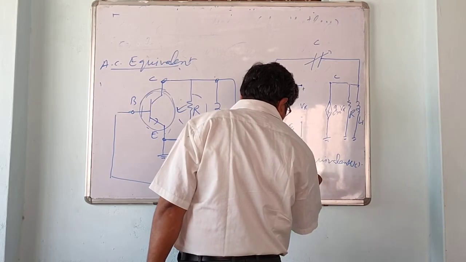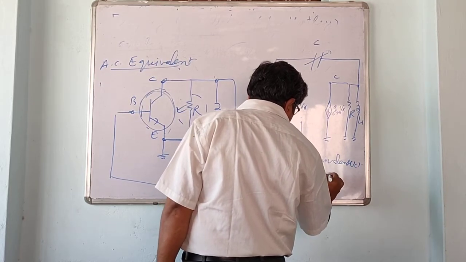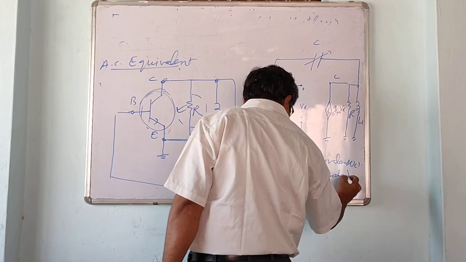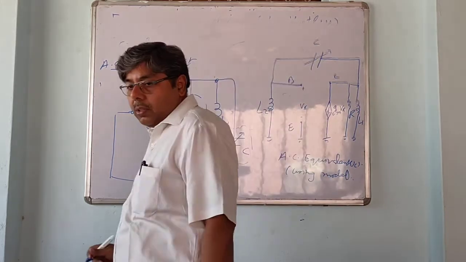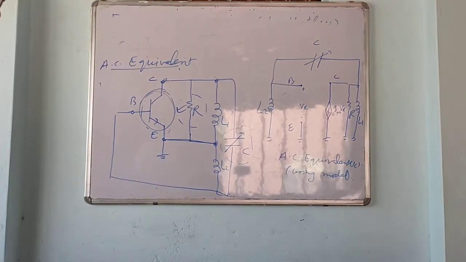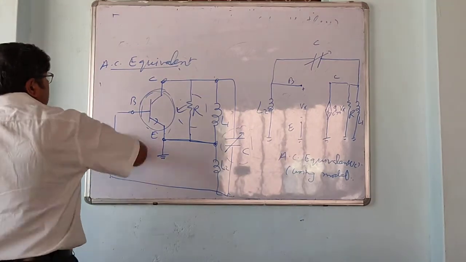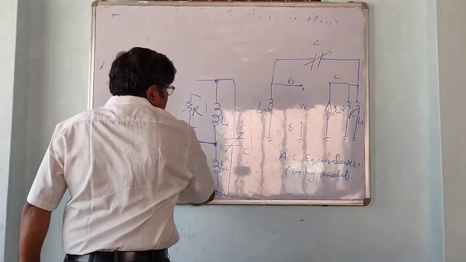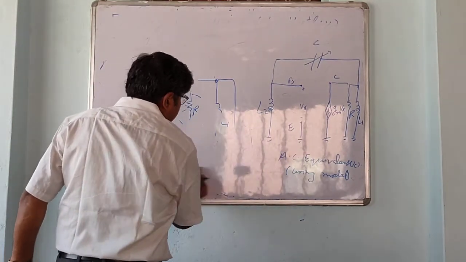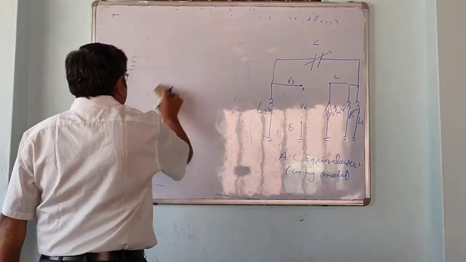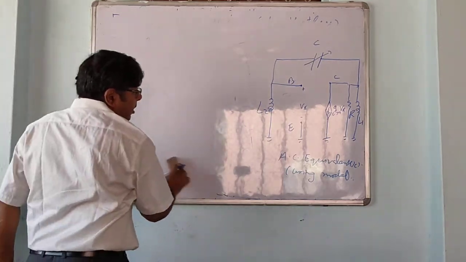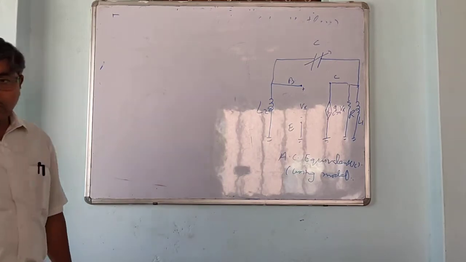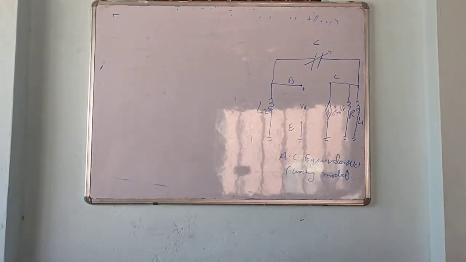Using the transistor model, this is the equivalent circuit, and from this final circuit we will find out the frequency of oscillation.